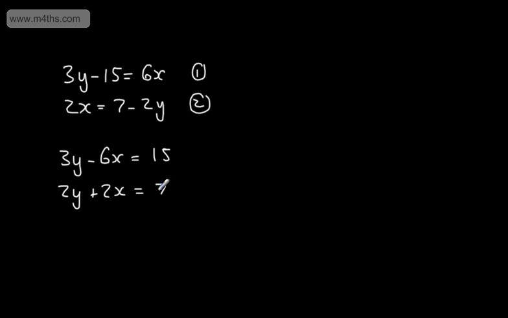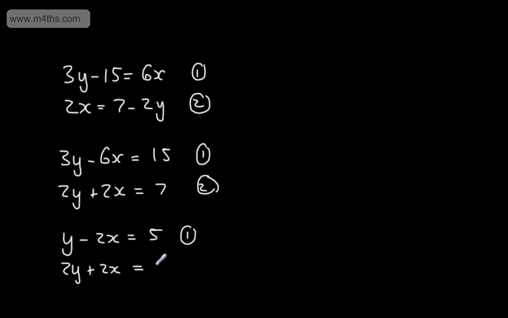We could then look to solve these. Now one advantage of this is that we could actually go ahead and divide all of equation 1 by 3. That would leave me y minus 2x is going to be equal to 5. Equation 2 is 2y plus 2x is equal to 7.